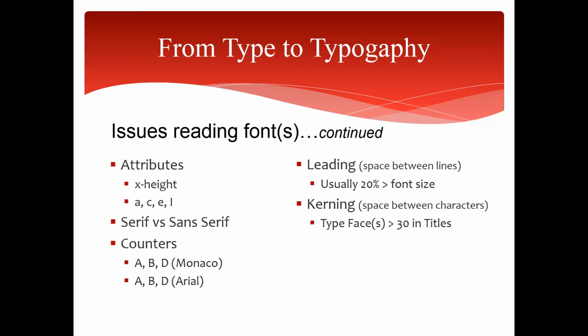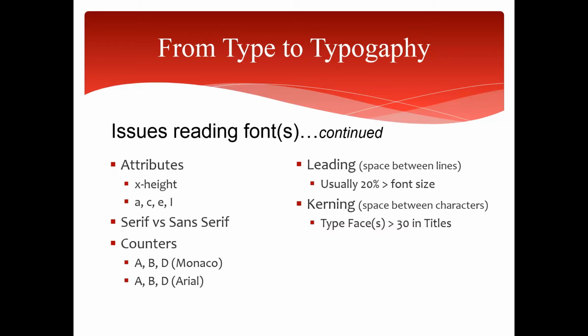Some other issues affecting fonts, and these are all very similar in nature. These have to do with the size and the spacing of the fonts. So the attributes are the height of the lowercase letters, and the counters are the width of the uppercase letters. And so you can see the difference in Monaco and Arial here as far as how much space they take up.